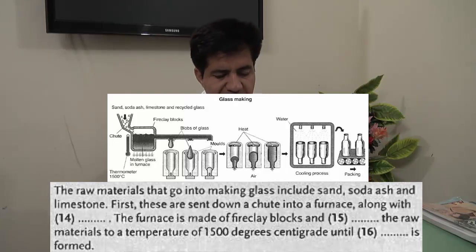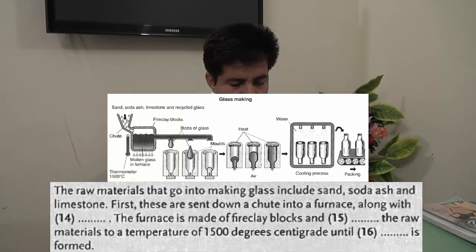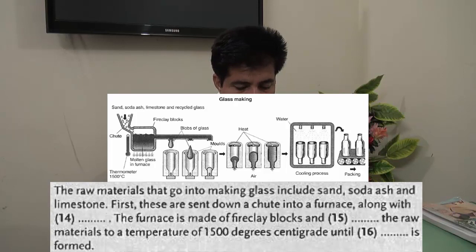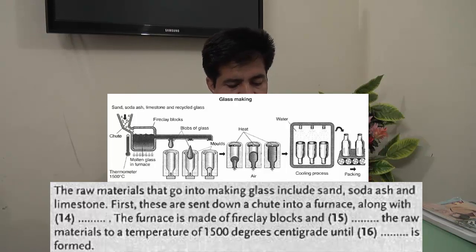The furnace is made of fire clay blocks. Now this is the material they use for the furnace. Furnace is made of, it's written fire clay blocks. The furnace is made of fire clay blocks and heats the raw materials to a temperature of 1500 degrees.